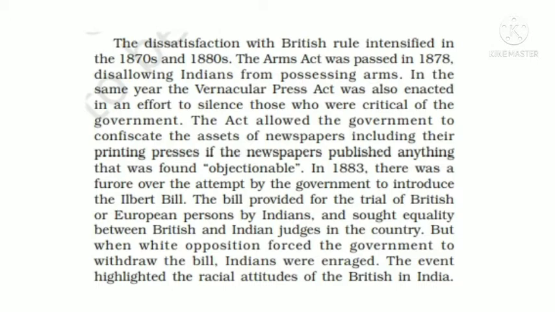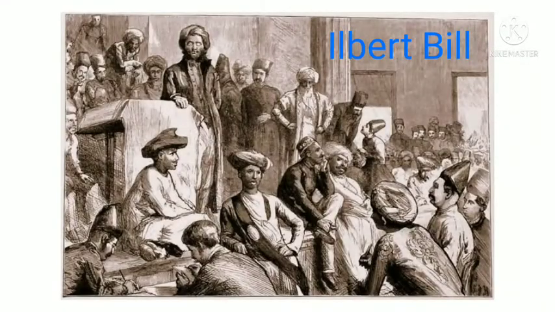But when white opposition forced the government to withdraw the bill, Indians were enraged. The event highlighted the racial attitudes of the British in India. The British opposed the bill and forced the government to withdraw it.